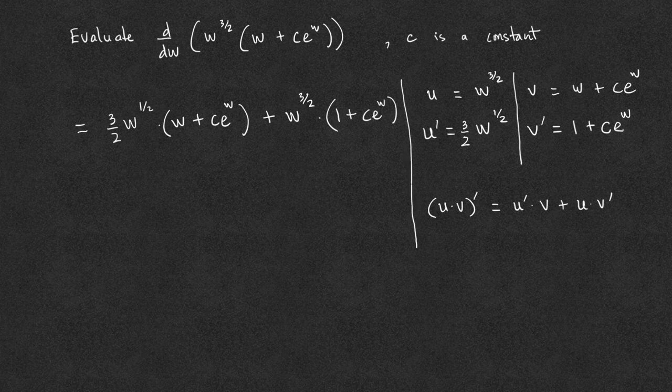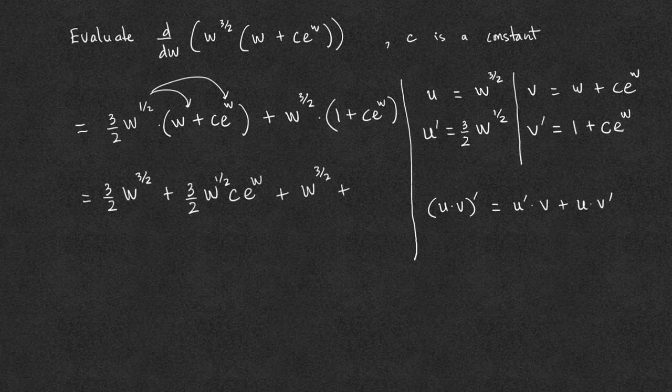This is the answer, although oftentimes we would need to simplify this by distributing the terms outside. 3/2 w to the 1/2 power times w is 3/2 w to the 3/2, since 1/2 plus 1 is 3/2, plus 3/2 w to the 1/2 times c e to the w, plus w to the 3/2 power plus w to the 3/2 power times c e to the w.